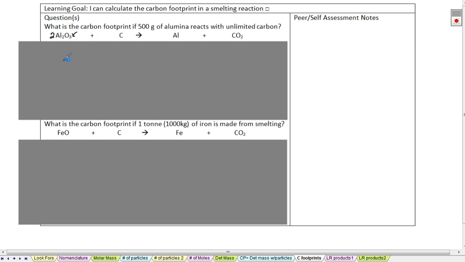Very easy to work with. So I've got 2 times 2 aluminum, which gives me 4 aluminum. And I've got 6 oxygen, 2 times 3, which is 6. So I'm going to need 3 over here. So 3 times 2, which is 6 oxygen there. I've got 3 carbon there.